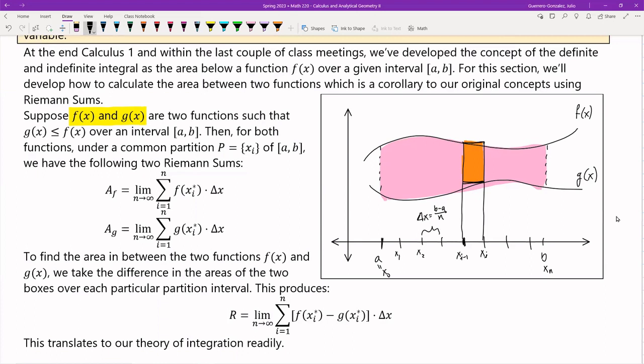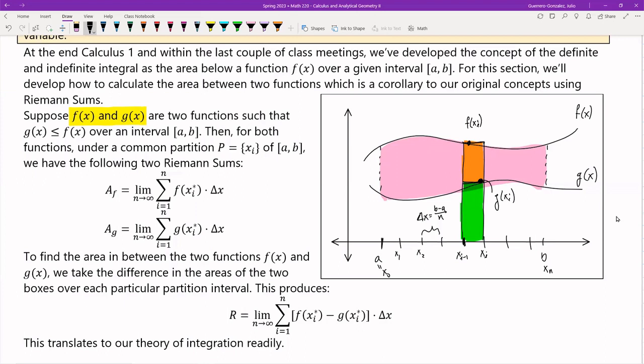The idea to find that little piece right here, the orange part, is we're going to take the area of the big rectangle, which is defined by some f of x sub i. Then we subtract away the area of the green rectangle right below it, which is defined by some g of x sub i. That's how we get the area for the little orange box.